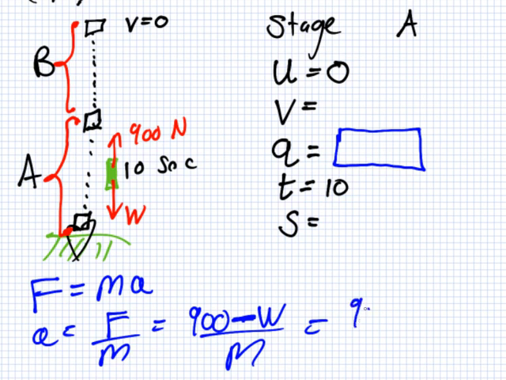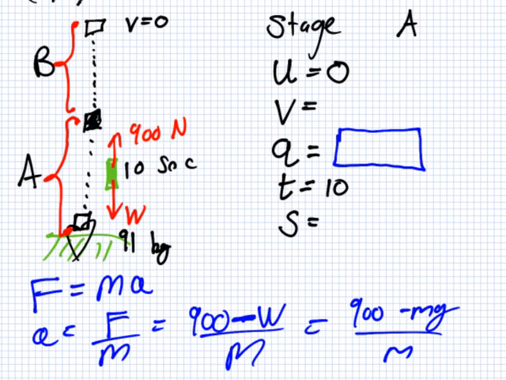So what's the formula for weight? Well, that's mg. Now, here is the big question. What is the m? Well, the m is changing, isn't it? At the beginning, the mass is 91 kilograms at takeoff. And then at the end, what's the mass here?